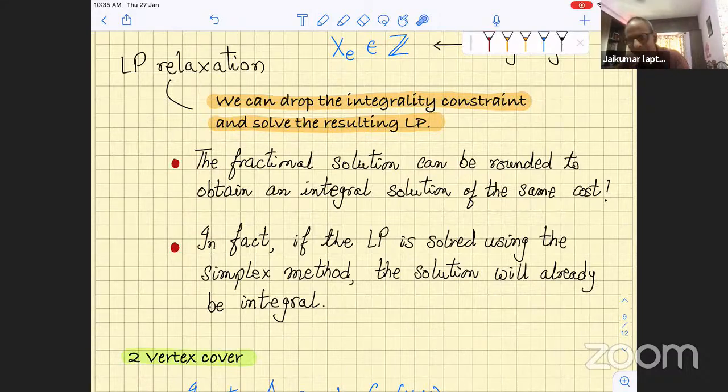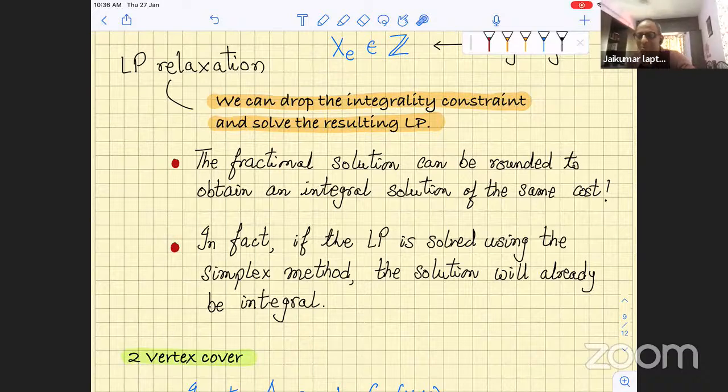So this happens sometimes, and the situations when this happens have been studied. That is the subject of a combinatorial optimization course. But this is an example of a situation where an integer program can be solved using an LP without any penalty for relaxing things.